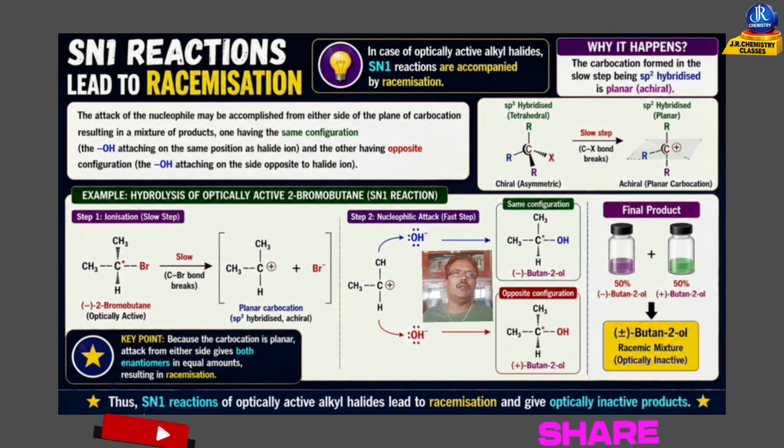This may be illustrated by hydrolysis of optically active 2-bromobutane, which results in the formation of plus-minus butan-2-ol.